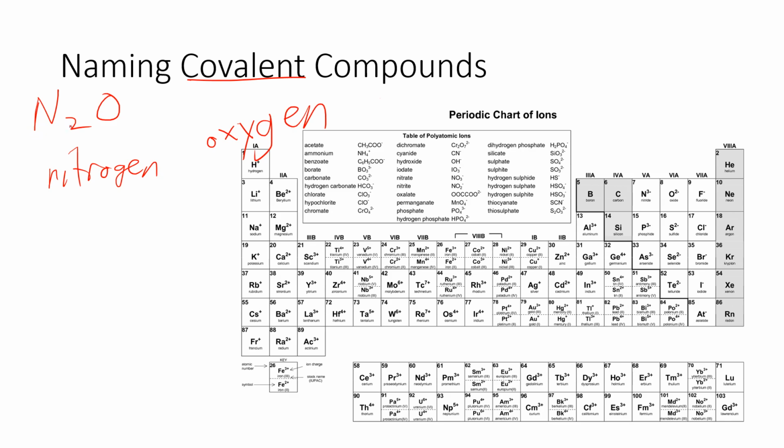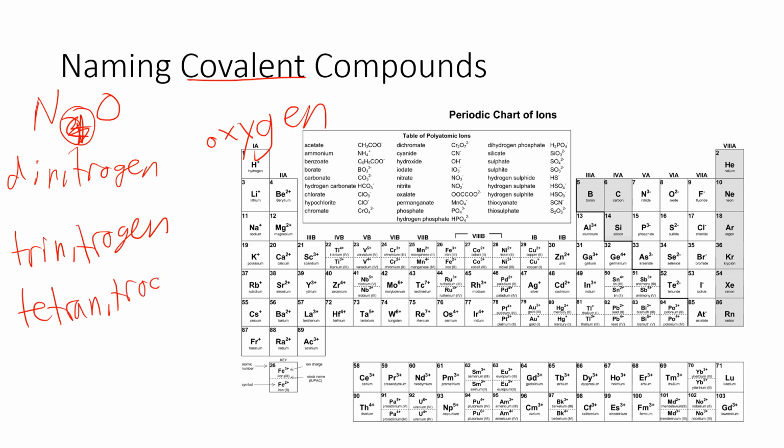Then you look at this number. Whatever this number is, you put the prefix. So for example, if it was 2, you say di. If it was 3, then you say tri nitrogen. If there was 4, you would say tetra nitrogen. And same with the second one. Because there's only 1 here, the implied 1, then we say monoxide.